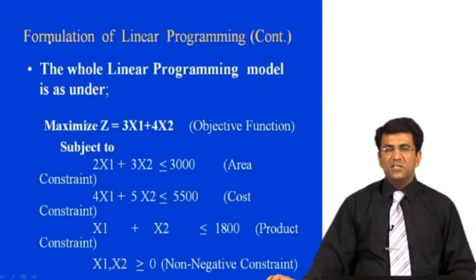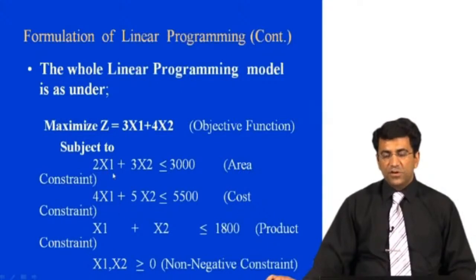So class, this is the whole analysis of this particular situation. The profit maximization function is Z equal to 3x1 plus 4x2, subject to three different constraints related to area, cost and production.